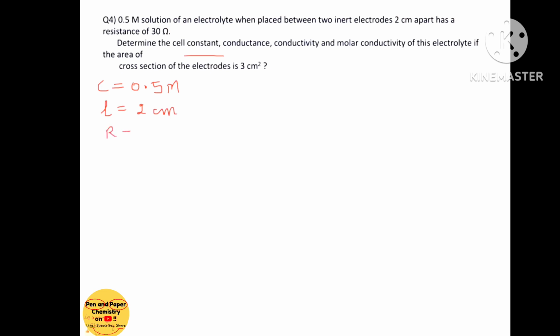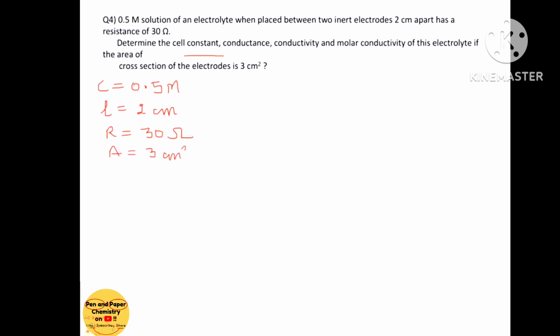So the resistance of the electrolyte is 30 ohms. We have to determine cell constant, conductance, conductivity and molar conductivity, if the area of cross section of the electrodes is 3 centimeter square.